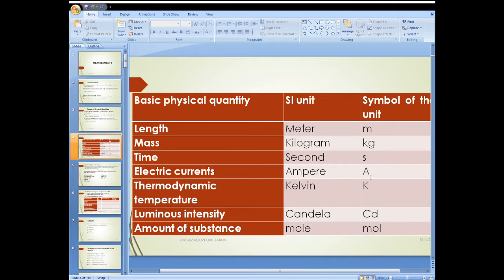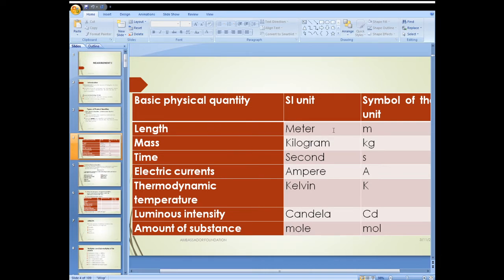So whenever you are asked about the SI unit, don't give the symbol, give the SI unit. But when you are doing a calculation, you will just be using the symbol, for example, to illustrate time, like 10 seconds, you will be writing 10 s. But when someone asks you about the SI unit, you give the whole name.